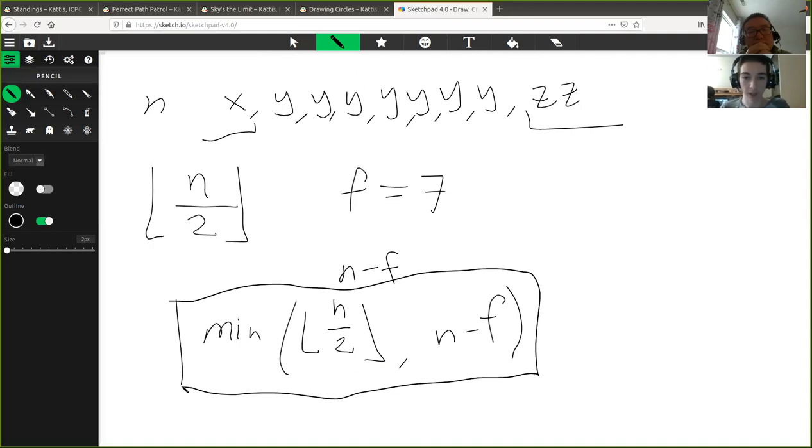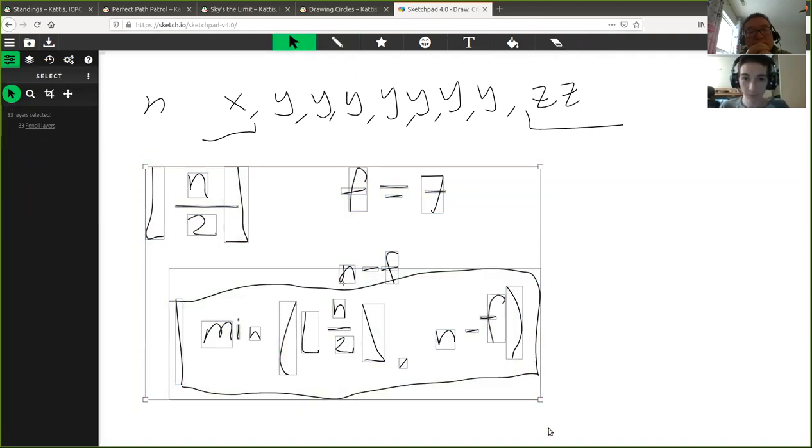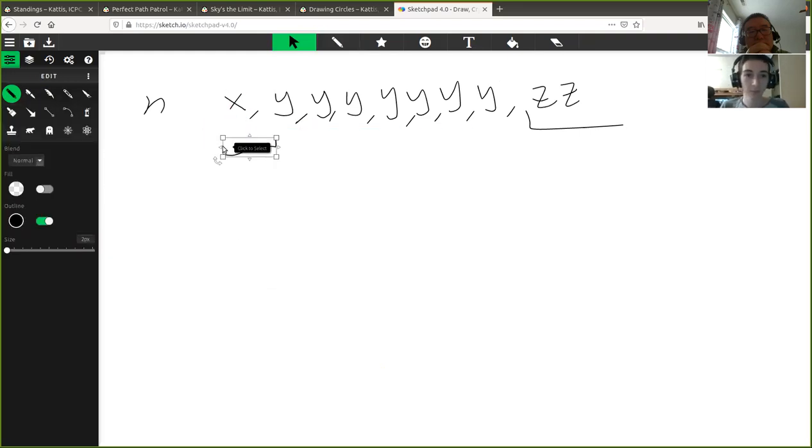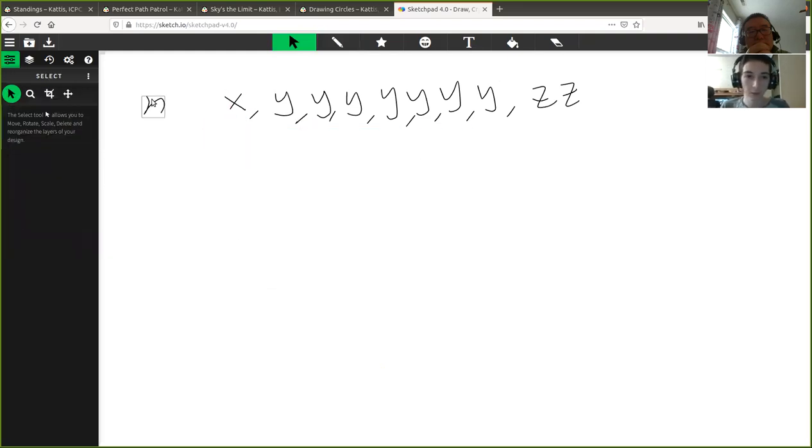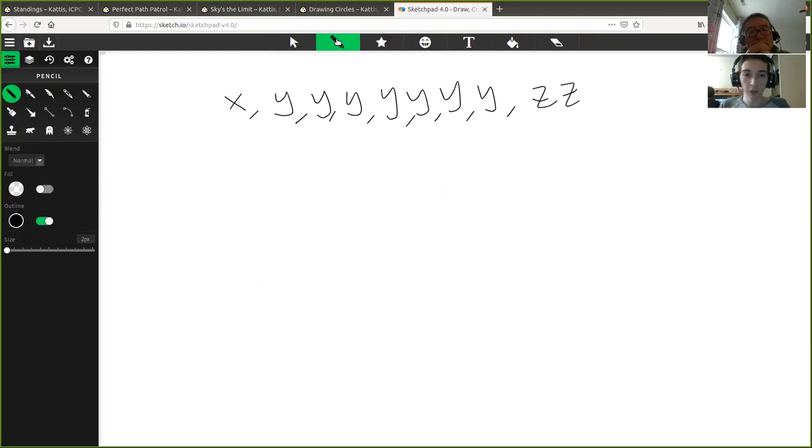So let's see why that is. What you can do is take this and rotate it by n over 2. In this case, n over 2 is 5. So let's rotate it cyclically by that amount.